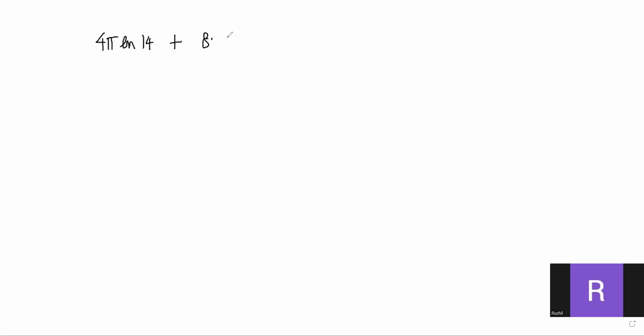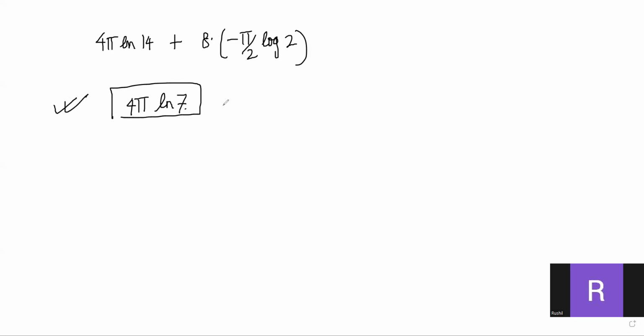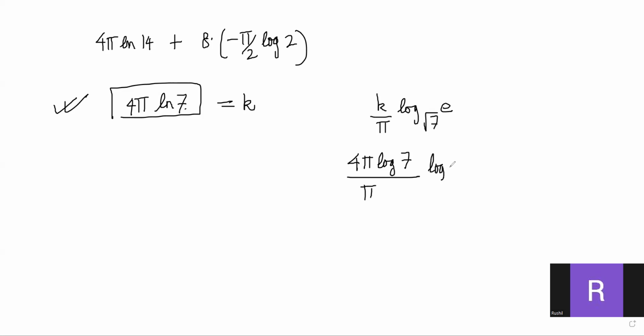The answer is 8 times minus pi by 2 log 2. And this becomes 4 pi again. So 4 pi ln 14 minus ln 2, so ln 7. If this is your k, you can find your k by pi log root 7 e, and it becomes 4 pi log 7 by pi log e by log root 7.